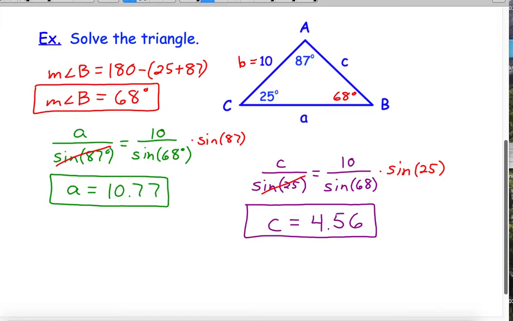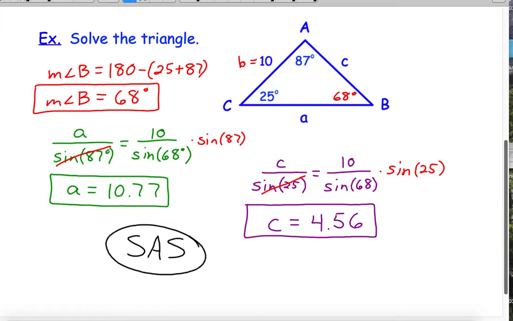Okay, so right now you're thinking, boy, this seems pretty easy. I can handle this. But notice, what have we had in both these problems? In this problem, they gave us 2 angles and the side between them. And you remember from geometry, angle side angle was a way of proving 2 triangles congruent.